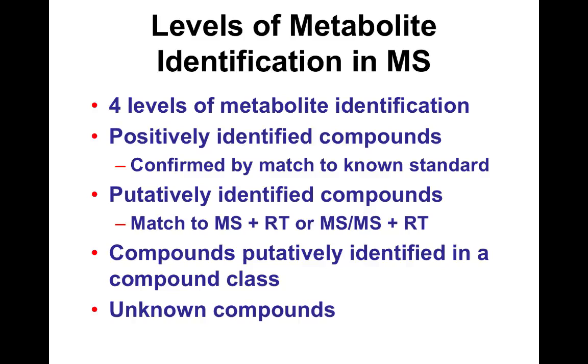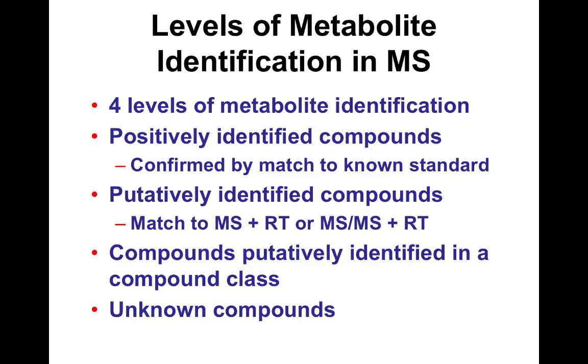That's how most people still do metabolomics, unfortunately. Other people may only be able to say, I can't really say what it is, I can just give you the mass, and therefore I can calculate the molecular formula. So that's also considered a putative identification. So that's level 3. And level 4, the totally unknown compounds, which in the case of LCMS account for about 98% of the peaks.